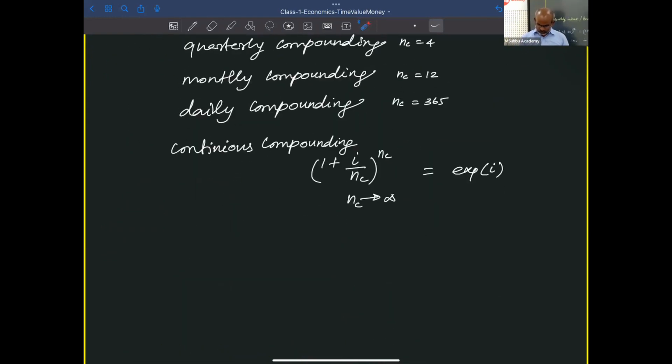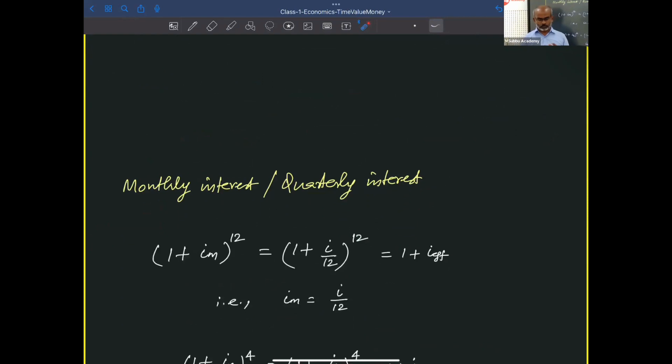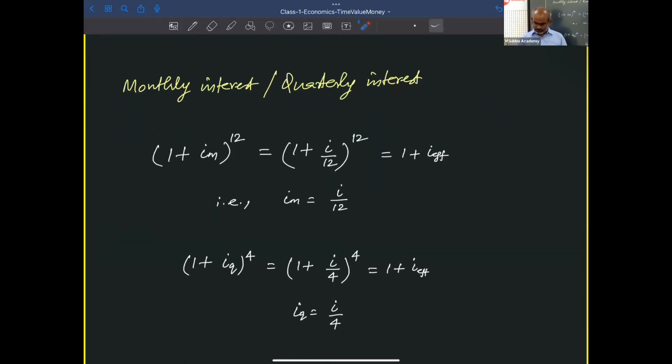Related to this, these days people also say monthly interest, quarterly interest, or sometimes daily interest. Monthly interest means IM refers to the monthly fractional interest rate, 1 plus IM.